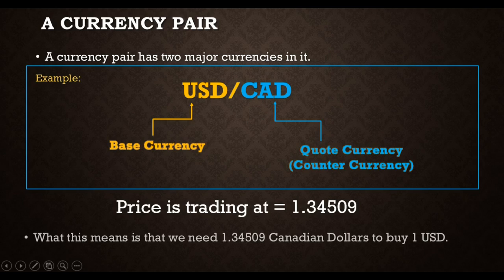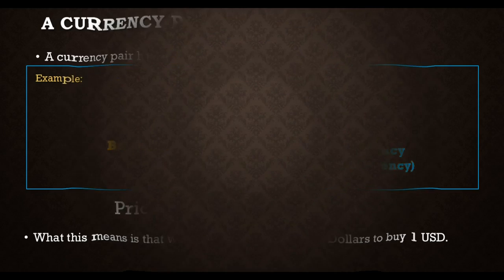What this means is that we need 1.34509 Canadian dollars to buy $1, one United States dollar. Okay, let's get further into this.